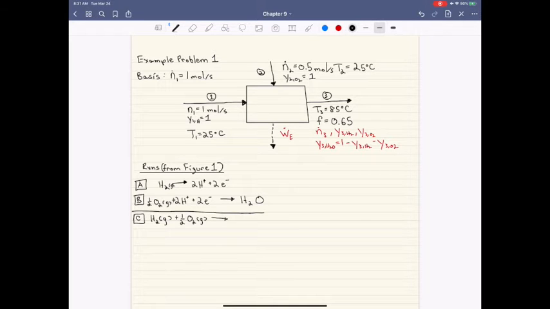And so we're left with, on the right-hand side, just H2O liquid. All right? And so this is our overall reaction for the process. Okay? And really, we only care about this overall reaction.